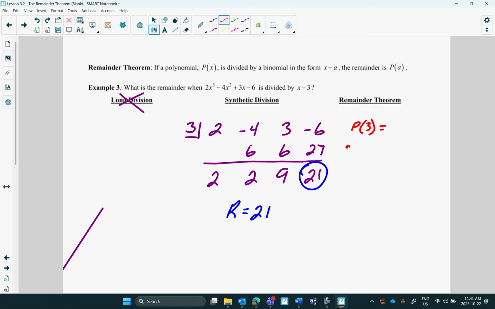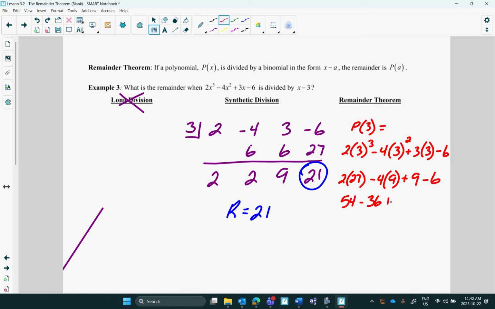So I get 2 times 3 cubed minus 4 times 3 squared plus 3 times 3 minus 6. And then I'm going to calculate that. So this gives me 2 times 27 minus 4 times 9 plus 9 minus 6. 2 times 27 is 54. 4 times 9 is 36, plus 9 minus 6.